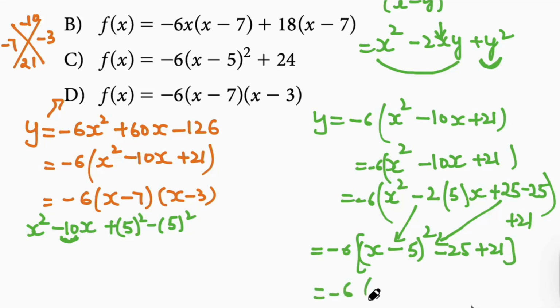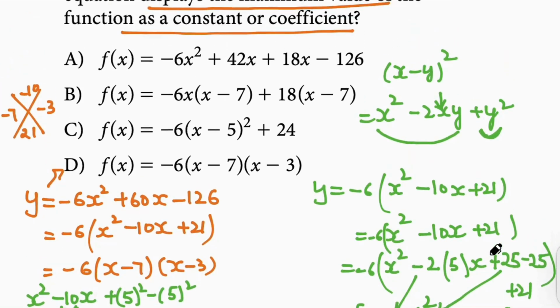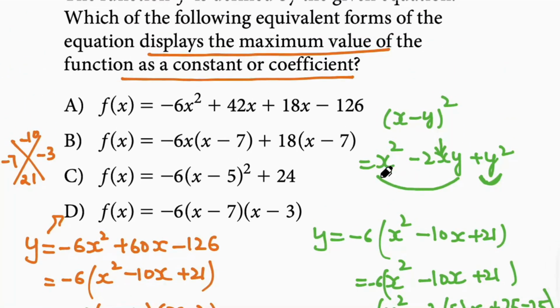That is equal to negative 6 times x minus 5 whole squared, and that is negative 4. So this is equal to negative 6 x minus 5 whole squared. Negative 6 times negative 4 is plus 24, right? So this is the right option too.